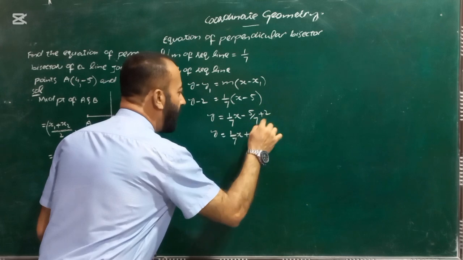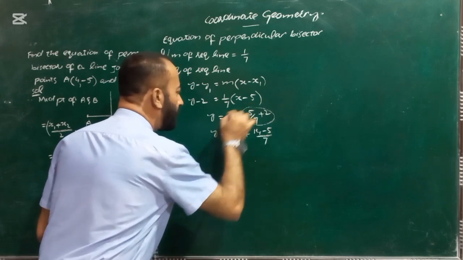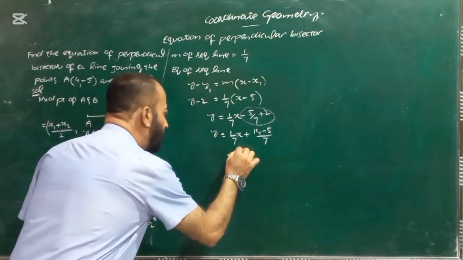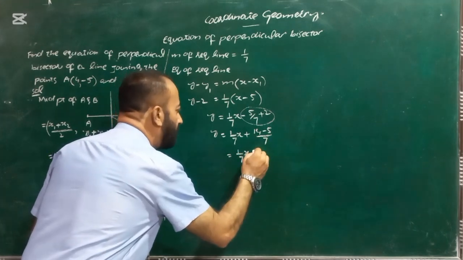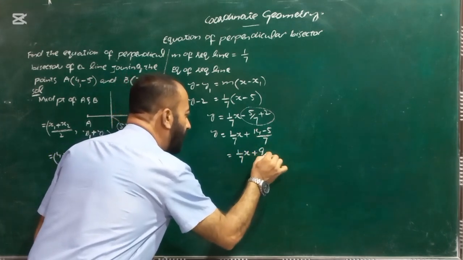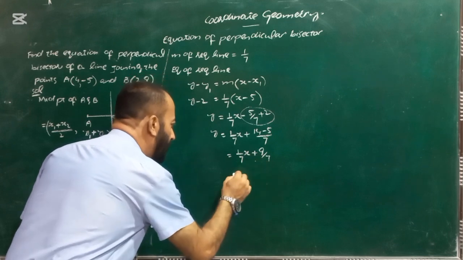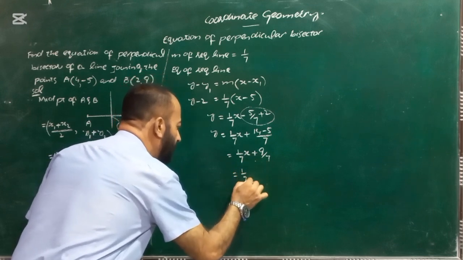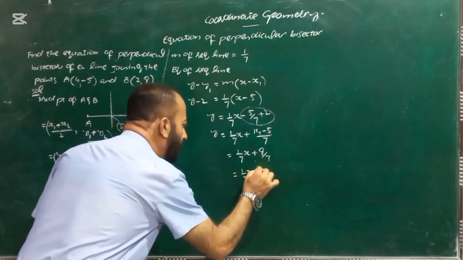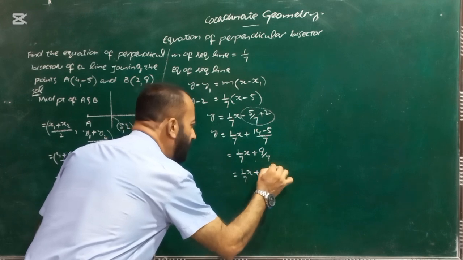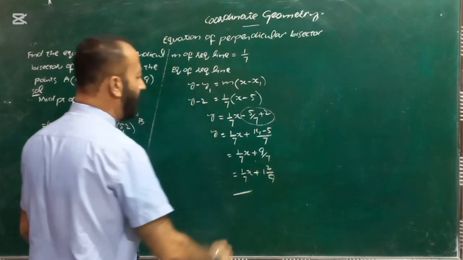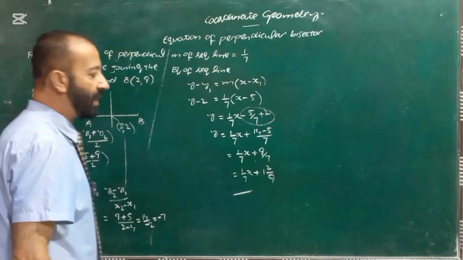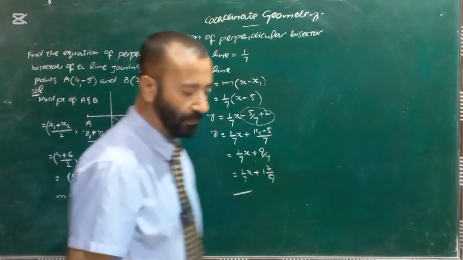So we have taken the LCM, and after solving, 1 by 7 x plus 9 over 7. This is an improper fraction, so just solve it into proper. So the answer will be 1 whole number 2 by 9. So this is the equation of the required line, that is the perpendicular bisector.